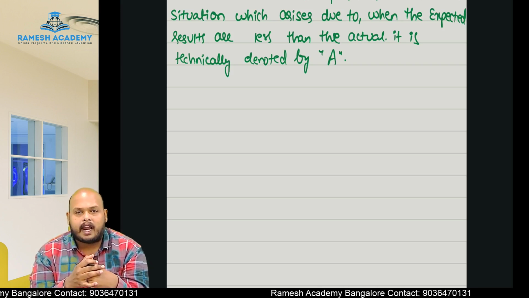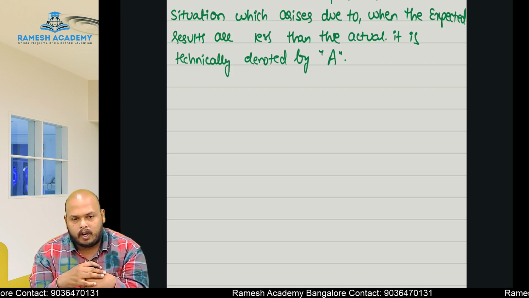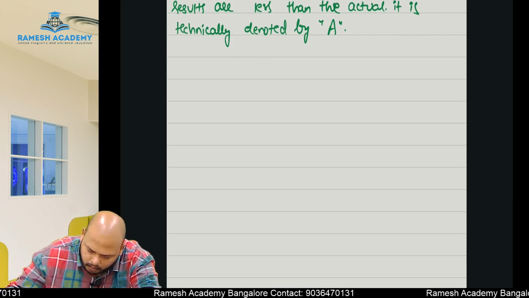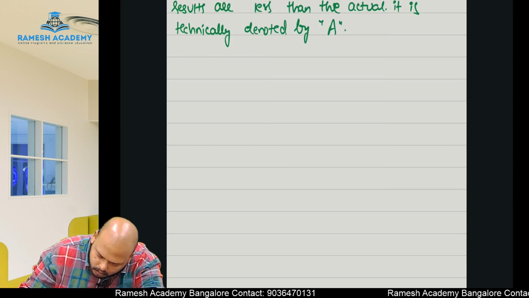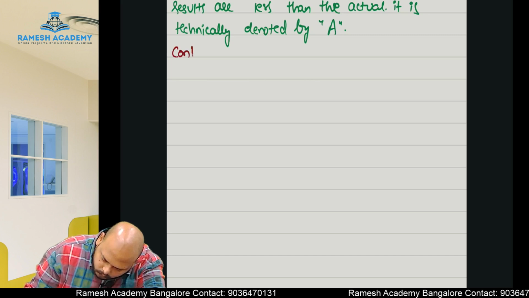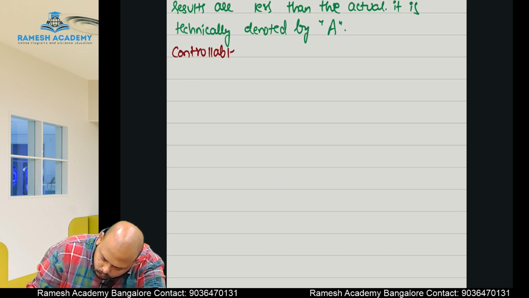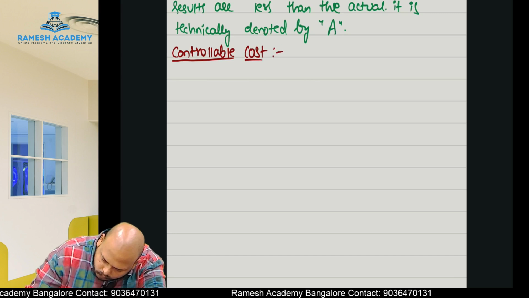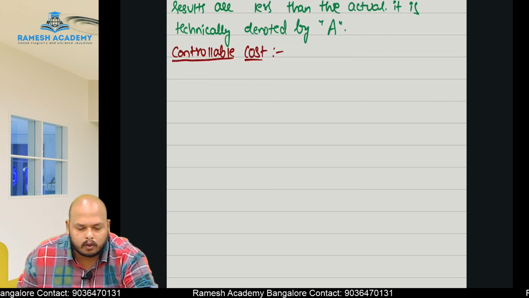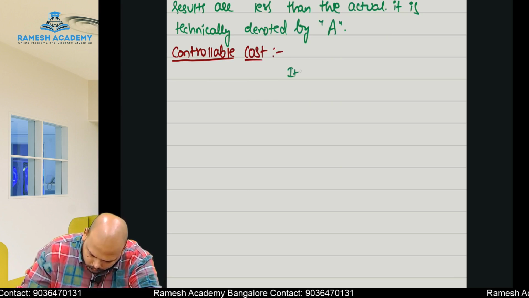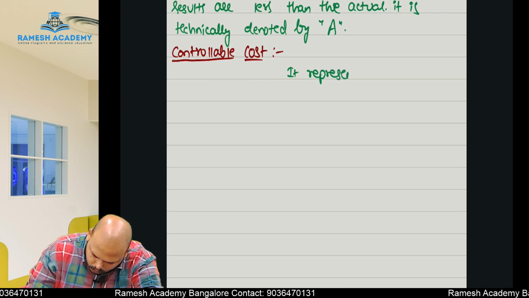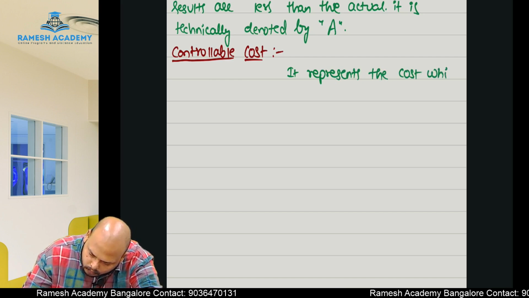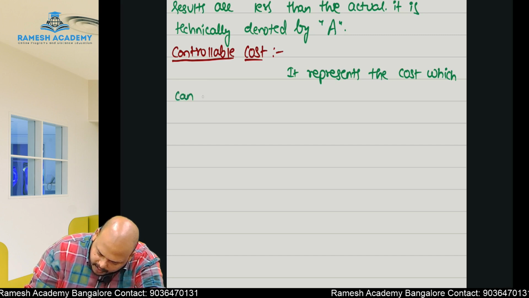Okay, now under this standard costing, there are two types of cost. One is controllable cost, one is uncontrollable cost. So let us see what you mean by controllable cost.